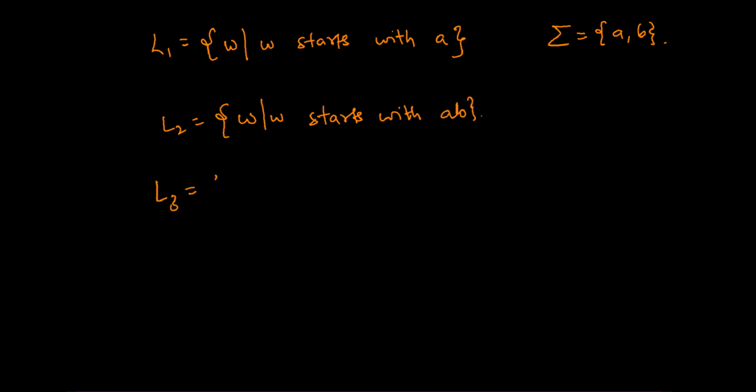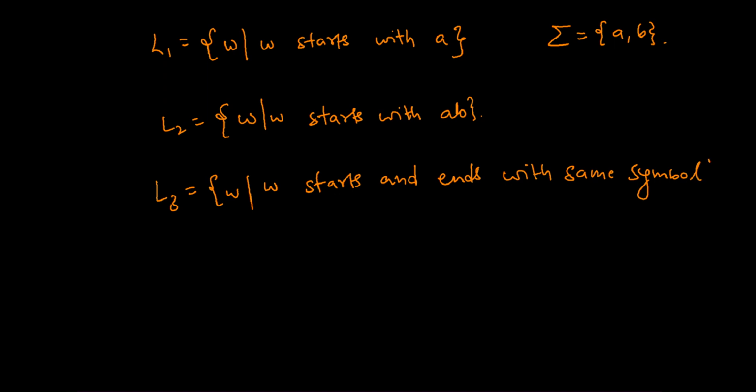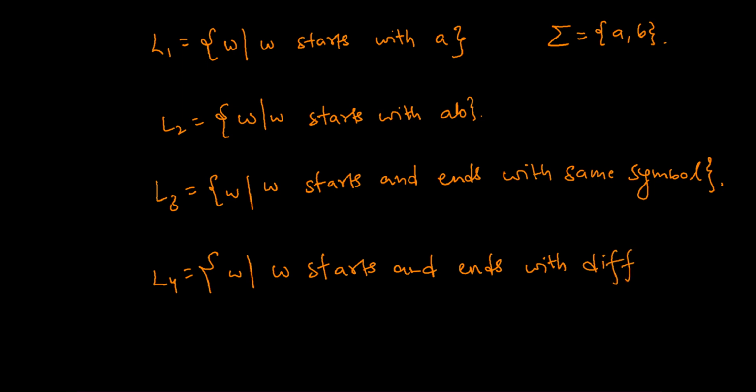L3 equals W such that W starts and ends with the same symbol. Let's say L4 is W such that W starts and ends with different symbols.